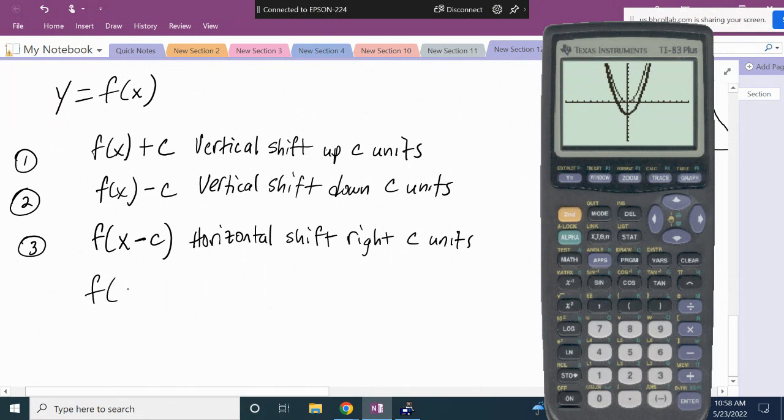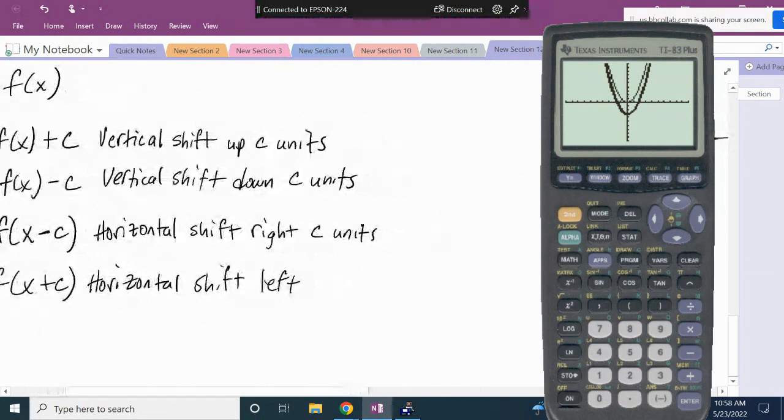And then we have f of x plus c, and this is a horizontal shift to the left c units.